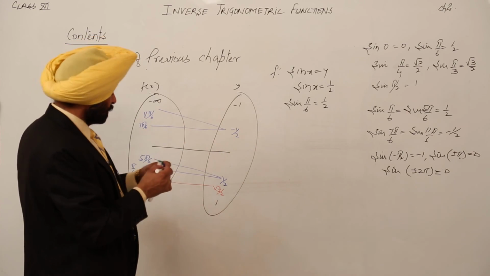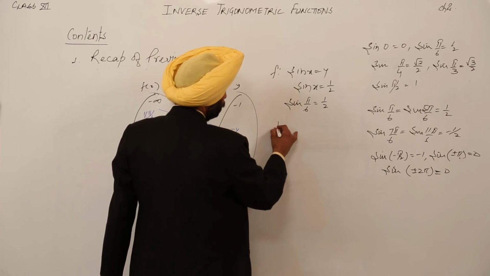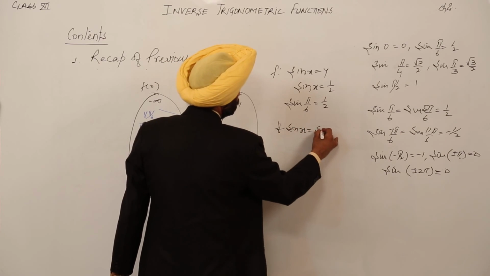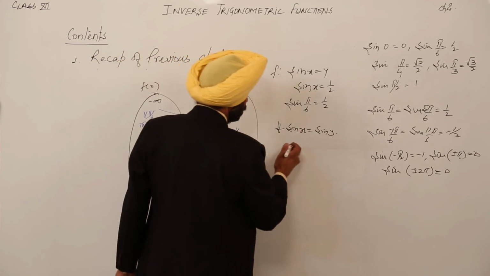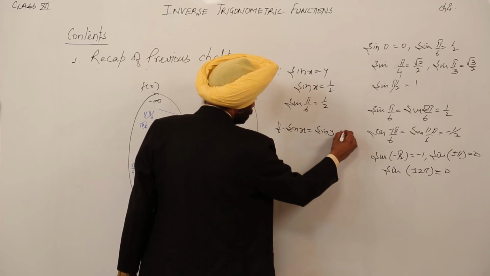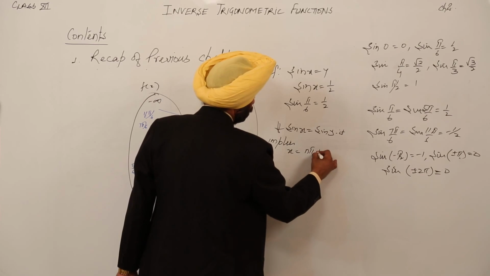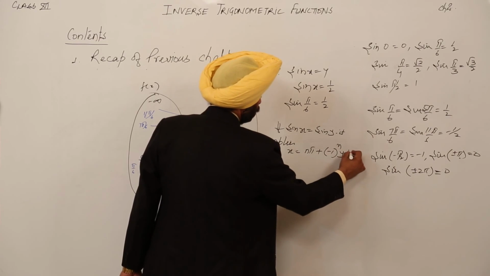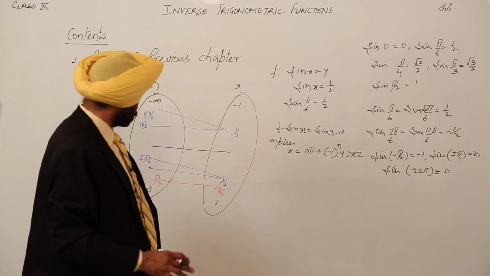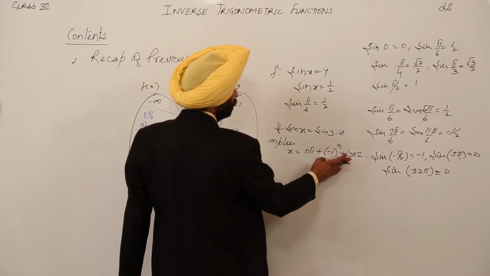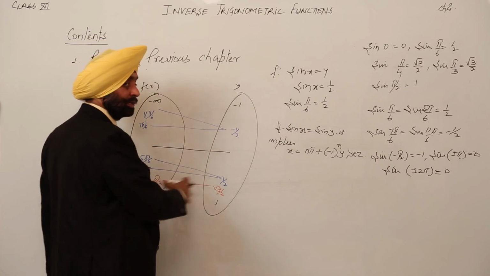Before doing this, recall what you did in class 11th, the trigonometric equation: if sin x is equal to sin y, then it implies x is equal to n pi plus minus 1 raised to power n y, where n belongs to Z. I am just showing you how we can write a number of values. Here we can take y as pi by 3 and start putting n as 1, minus 1, 2, minus 2, 3, minus 3. So you can get a number of values for that part.